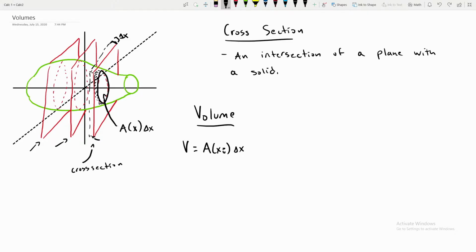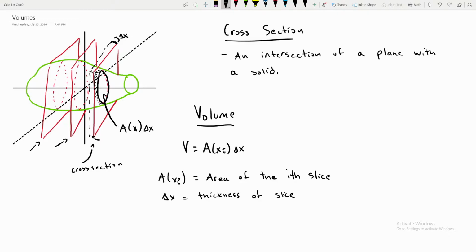However, the same thing applies as what we did in the area tutorial: we need to sum up all of these areas. To break it down a little further, A of x sub i is going to be the area of the ith slice, and delta x is going to be the thickness.